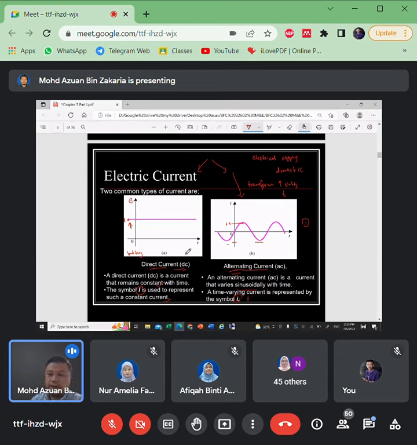For some equipment, it is better to operate on direct current because it is much more efficient. But to send electricity from one point to another over a very long distance, it is better to send the current as alternating current.